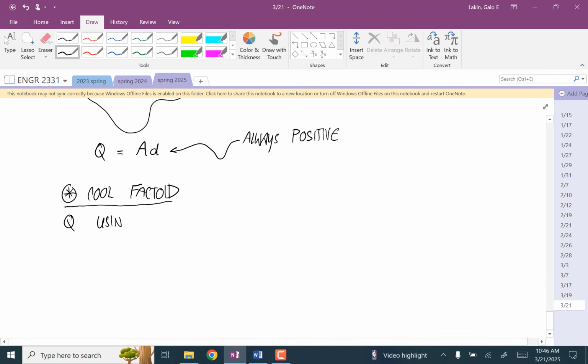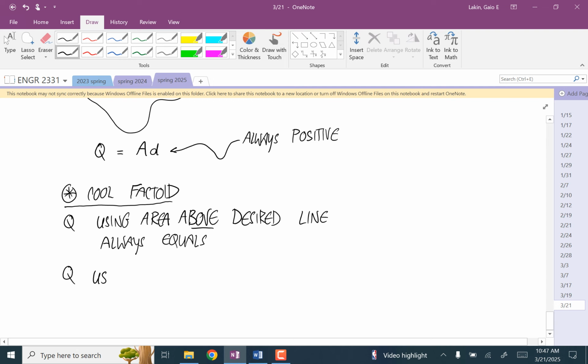So Q using the area above the desired line always equals Q doing the same thing, but with the area below the desired line.